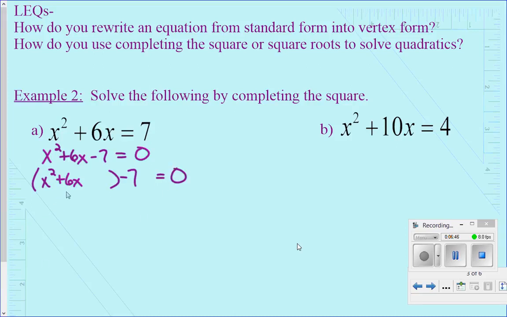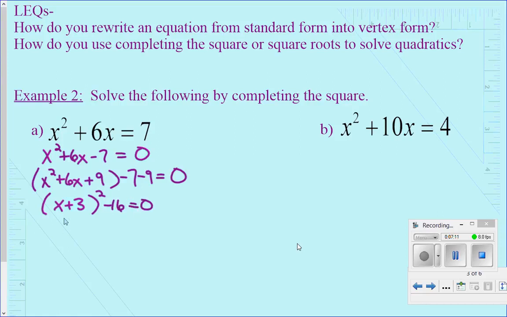So now I have half of 6, which is 3. 3 squared is 9. So 9 gets added to complete the square. So because I added it, I have to subtract it. So this binomial squared is x plus 3, the quantity squared. Remember, that's what we had before squaring, which is plus 3. And negative 7 minus 9 is negative 16 equals 0.